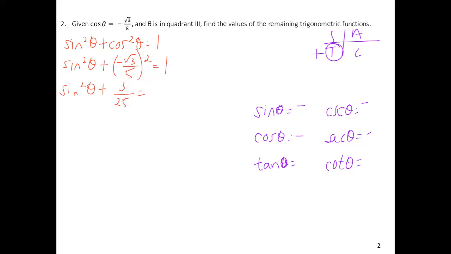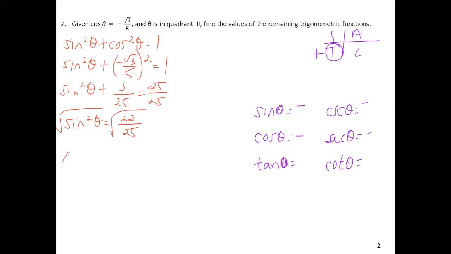So I'm going to change 1 in this case to 25 over 25. All right, and then sine squared of theta will equal, we'll subtract over the 3, and we get 22 over 25. All right, so we're looking for sine squared, which means we got to take the square root to get rid of our squared sign.